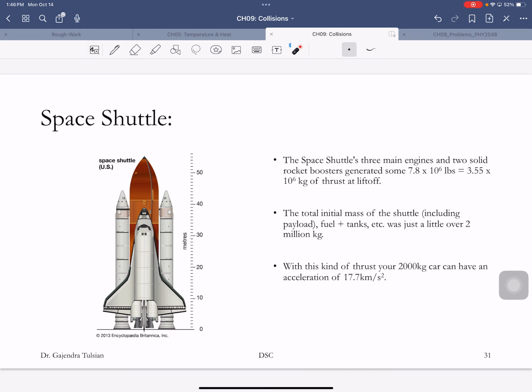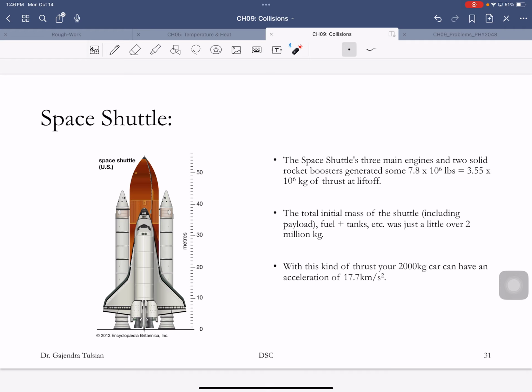At launch, all 5 engines were burning. These guys helped you along for 2 minutes, and then they were jettisoned. Then you were using the fuel there, and continued for the next 6 minutes firing those engines.